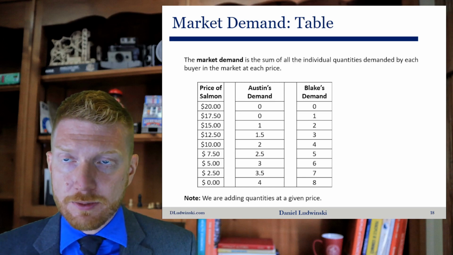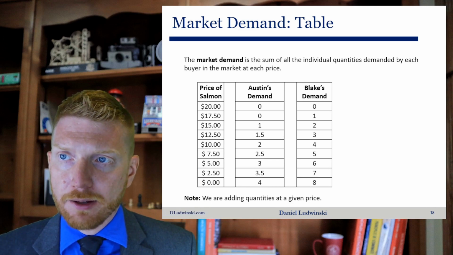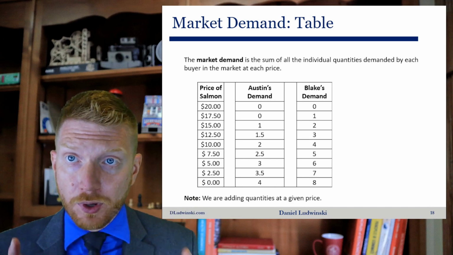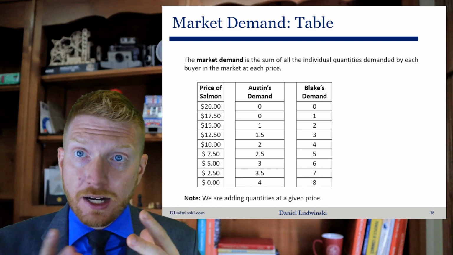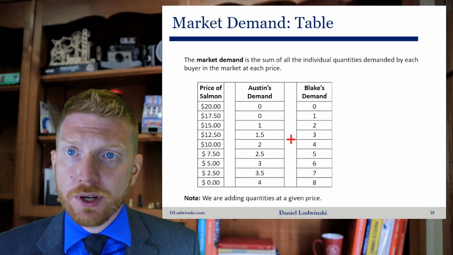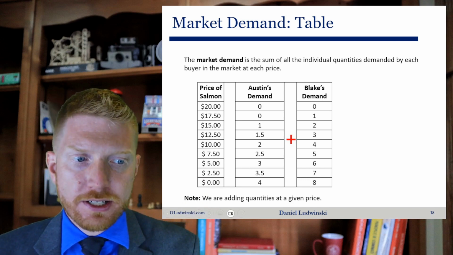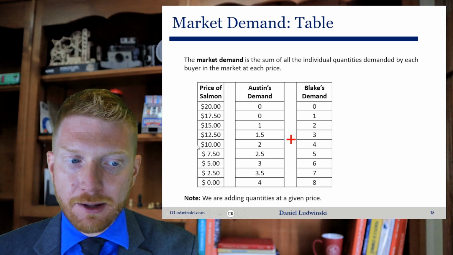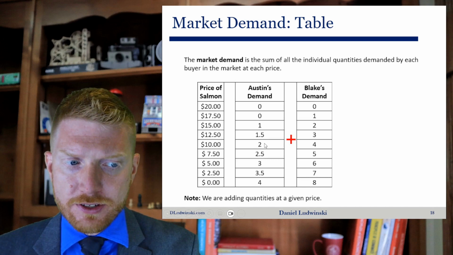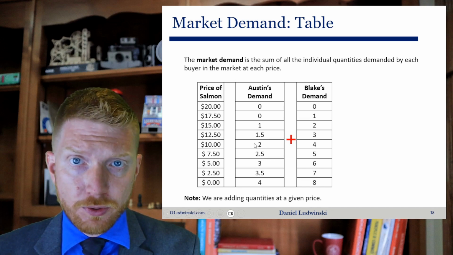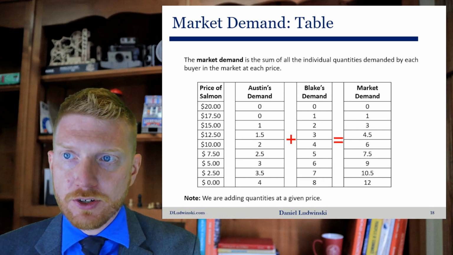So looking at this in terms of the table or the schedule, now we have Austin, who we saw before, but we're adding in Blake as well. What we want to do is take the individual demands and come up with a market demand. What we need to do for that is just add at each given price. So at the price of 10, Austin demands 2, Blake demands 4, and the market demand is simply the sum of the two.